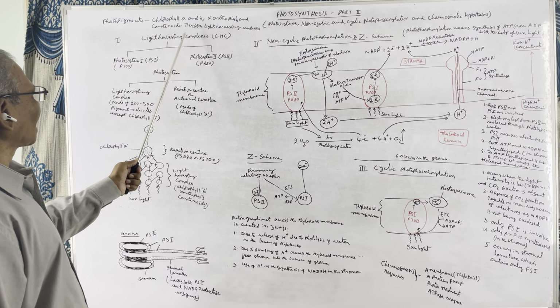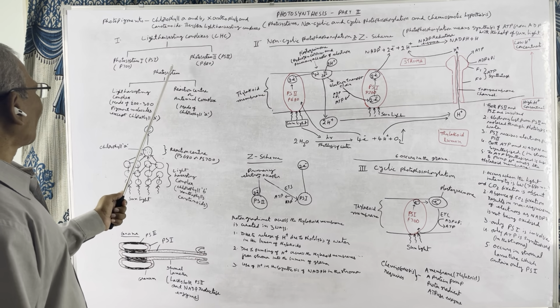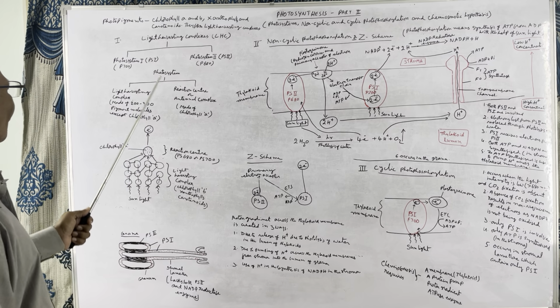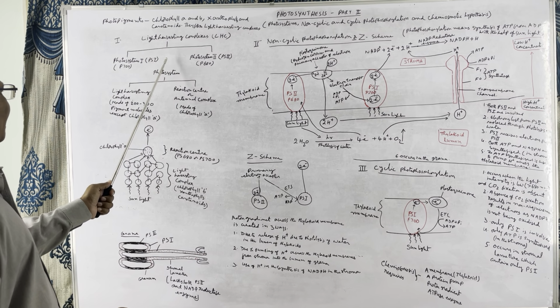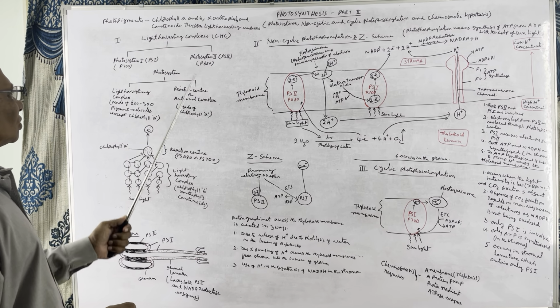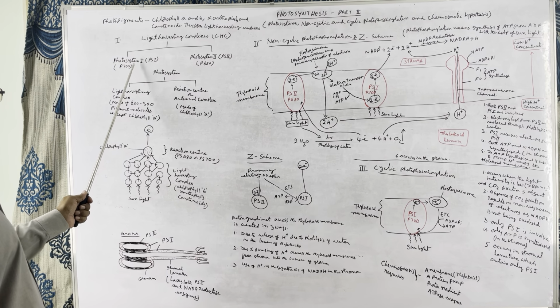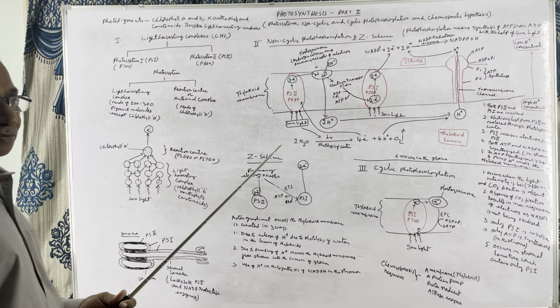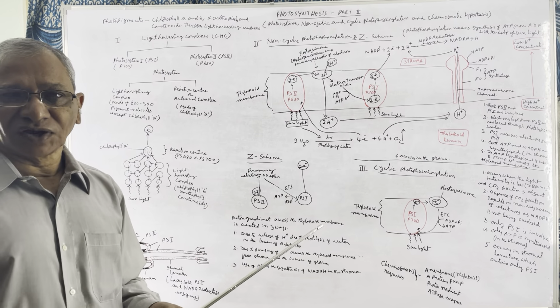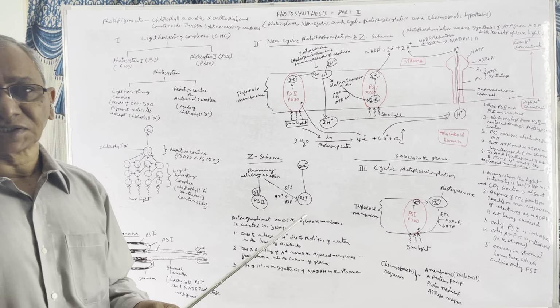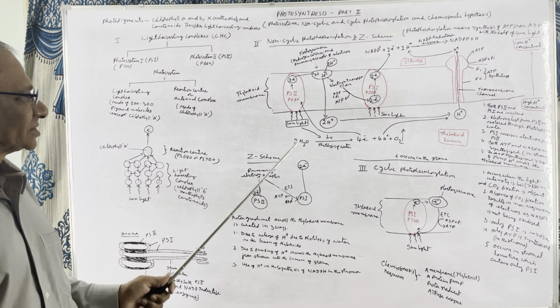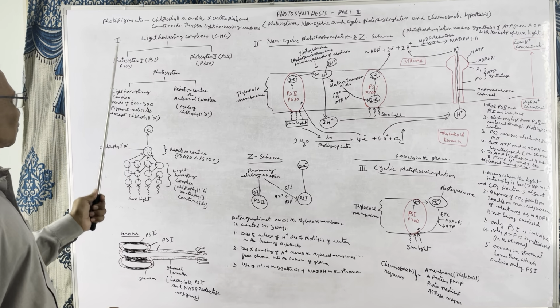The light harvesting complexes, or LHC, are mainly 2 types: photosystem 1 or PS1 and photosystem 2 or PS2. Photosystem 1 is known as P700 because at the wavelength of 700 nanometers, the activity is highest in PS1.